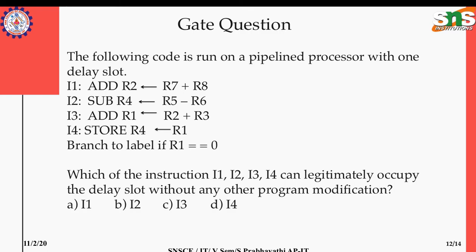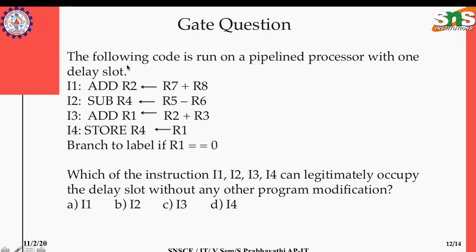Based on the topics we have discussed, I have given one GATE question. It's quite interesting, and you have to give more concentration to this question to get the solution. See here, 4 instructions are there, and after those 4 instructions, a branch instruction happens.